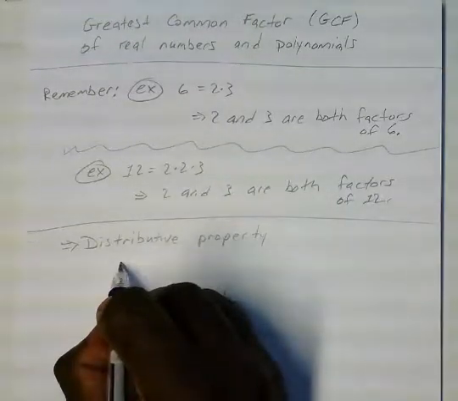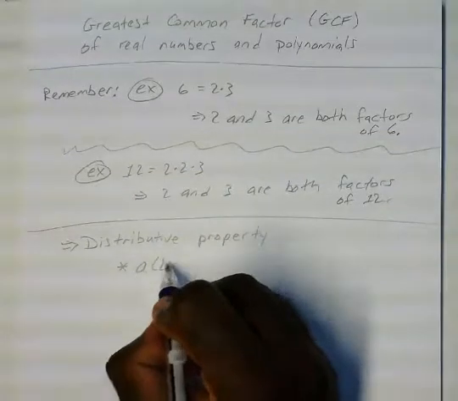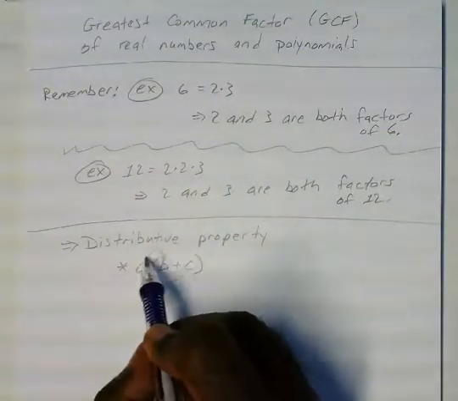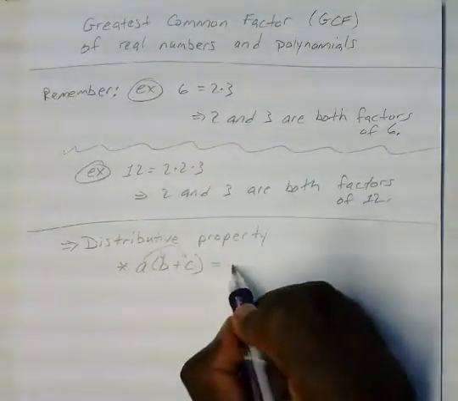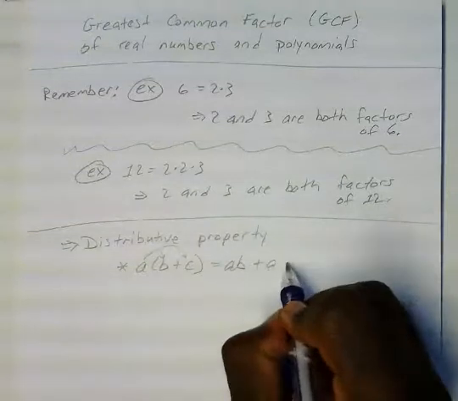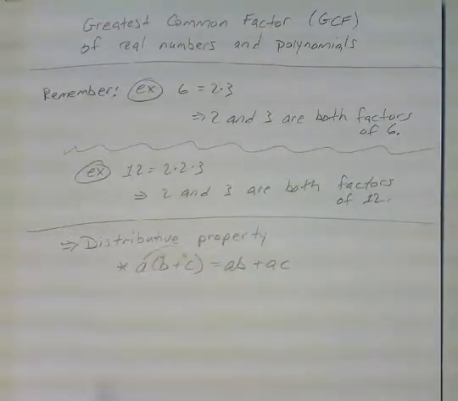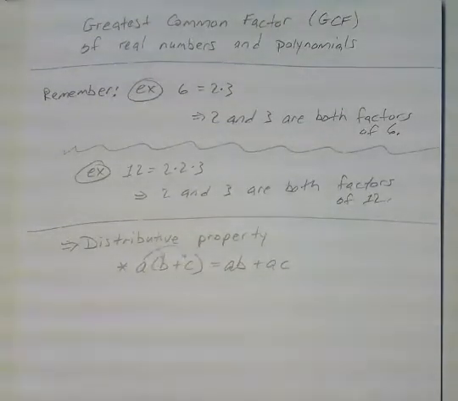Distributive property states that if you have 3 real numbers, let's say A, B, and C, you can distribute them such that A times B plus A times C. So if you have A times 2 real numbers, whether known or unknown, you can just distribute that A to both terms.